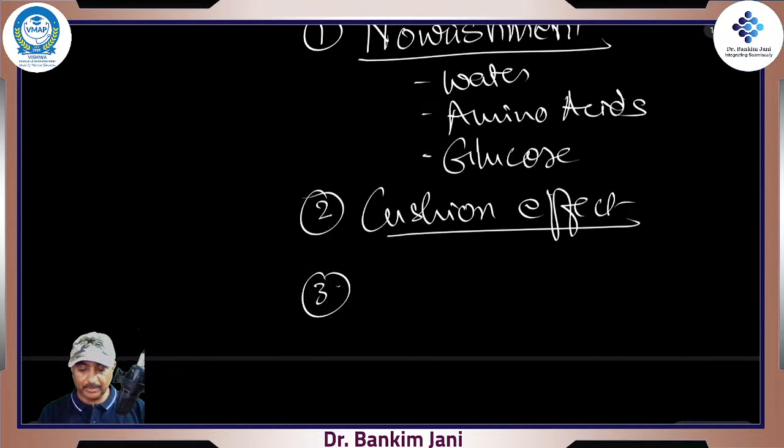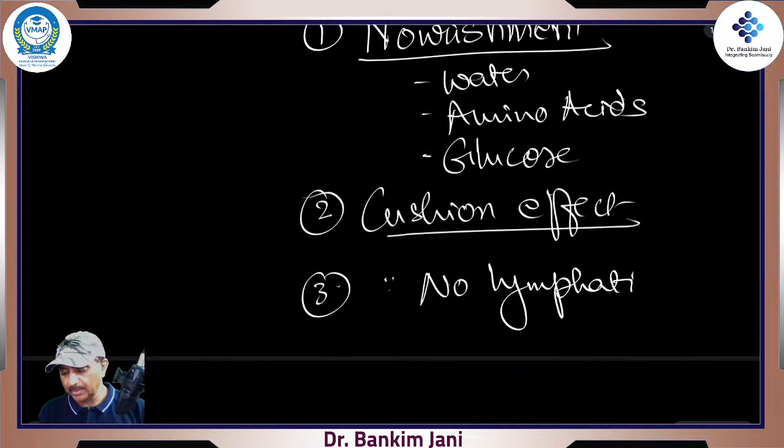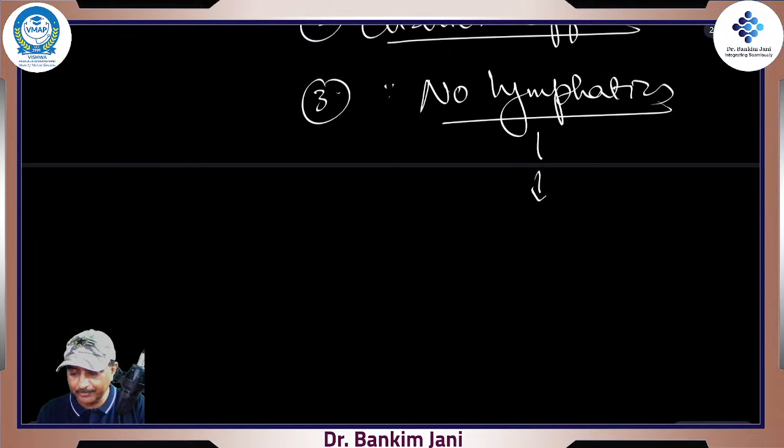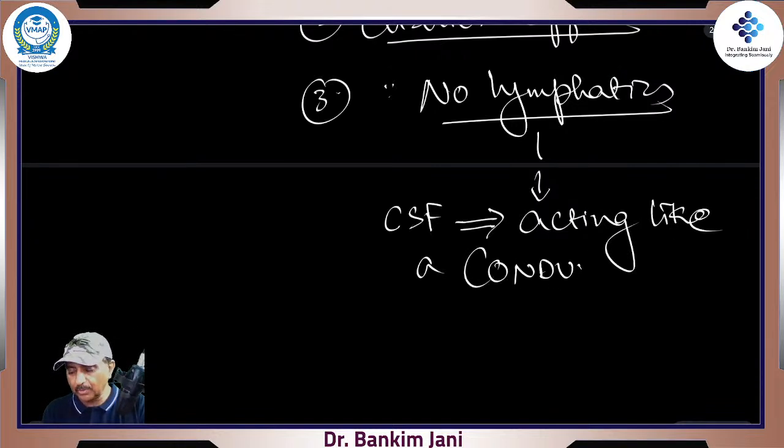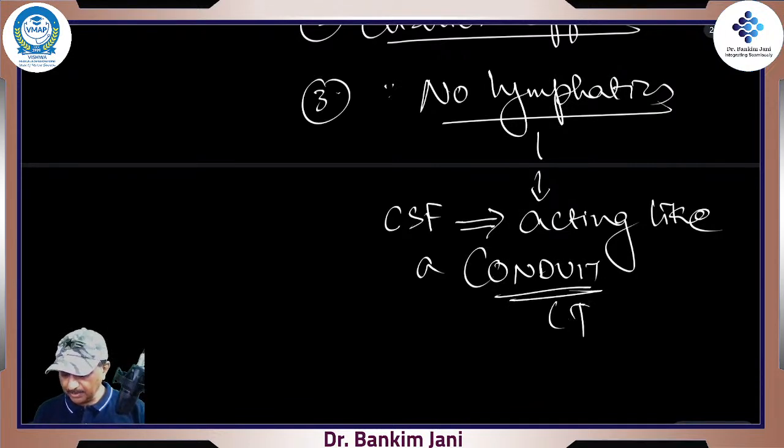And the third one, because there are no lymphatics in the brain, it is the CSF which will be acting like a conduit. Conduit means simply a pipeline.